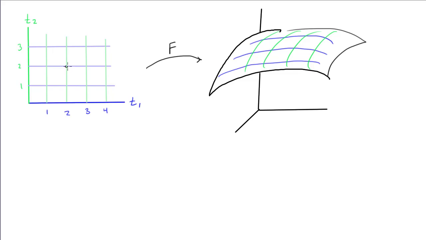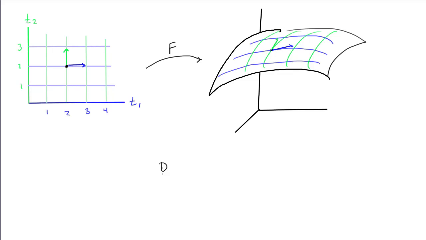Grabbing a point in the parameter space and 2 unit vectors, I can now repeat what we just did twice. It gives me a tangent vector to the blue curve, and a tangent vector to the green curve.